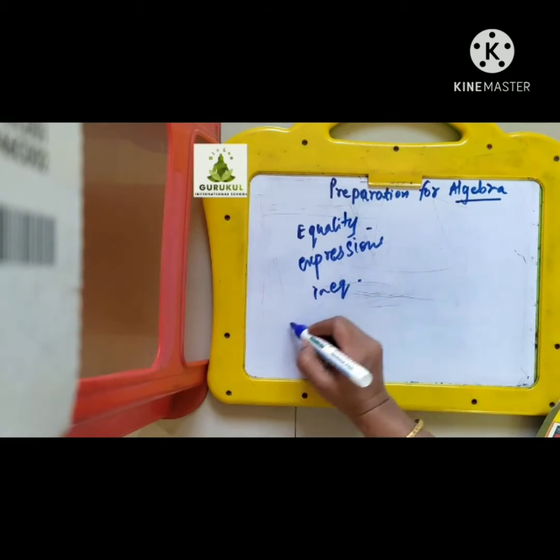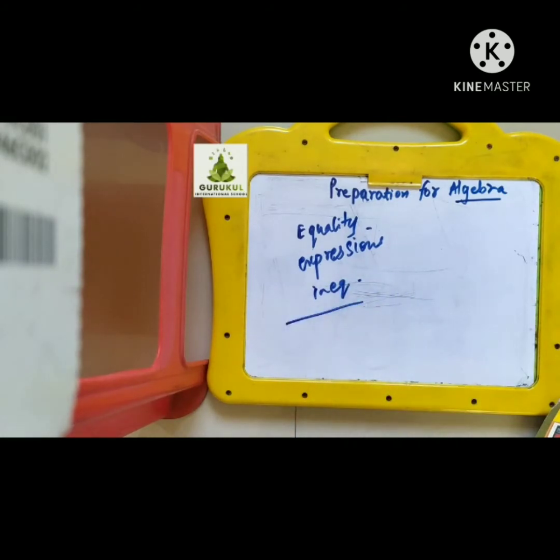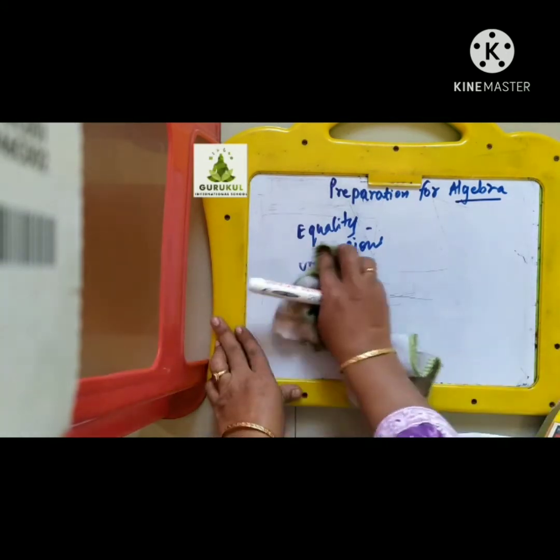Now all these terms, we will just get an idea for the algebra. We are not going to study in depth about it, but we will have an understanding of what can be called an equality or what can be called an expression and how we can identify that.